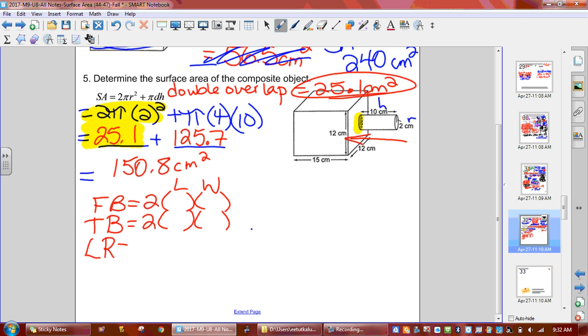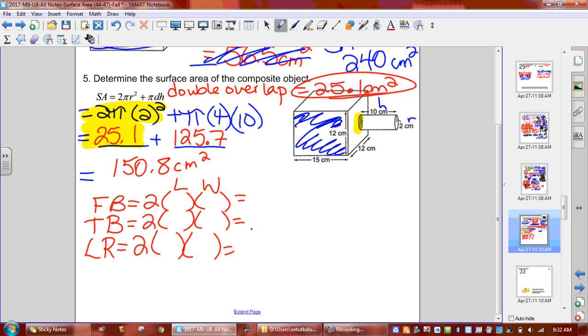So now we go to the object, and we actually have to take a look at the object and see which side it's talking about. So, let's pay attention over here, please. So, front and back. That's this piece right here I'm coloring in blue. Called the front and back rectangle. And if we want, we can draw the rectangle. That's this rectangle. It's 15 by 12.